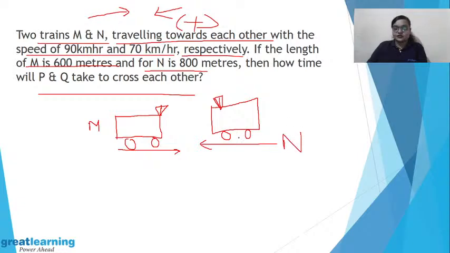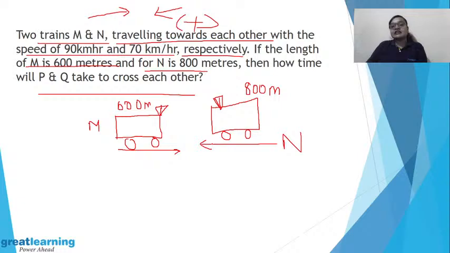So there are two trains moving in opposite directions to each other, and this train is of length 600 meters, and this train is of length 800 meters. Then how much time will they take to cross each other?